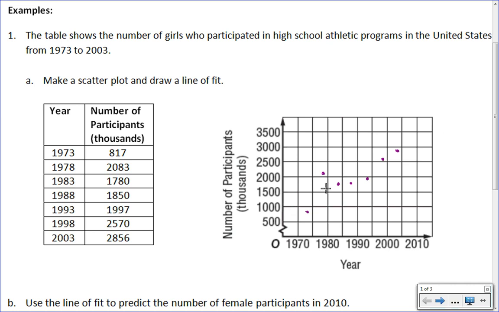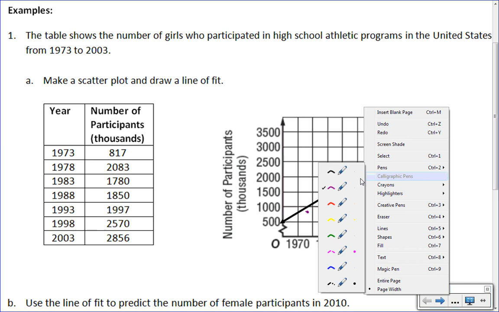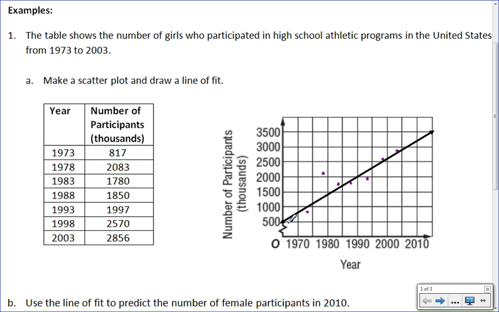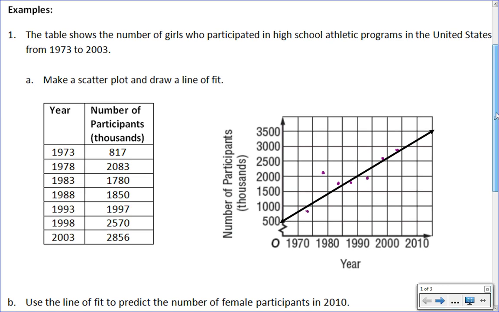So probably something kind of like that. And we can see how, again, it doesn't hit really any of the data points in this set, but it's about in the middle. There's a couple on one side, there's a couple on the other side, but roughly it goes through the middle of the data.